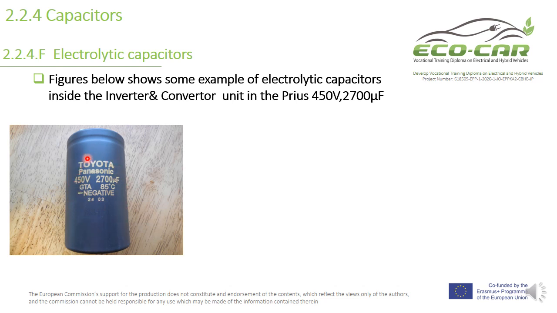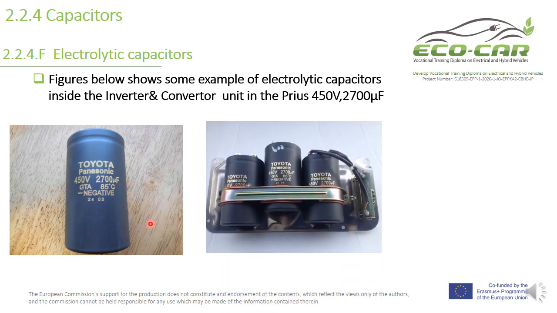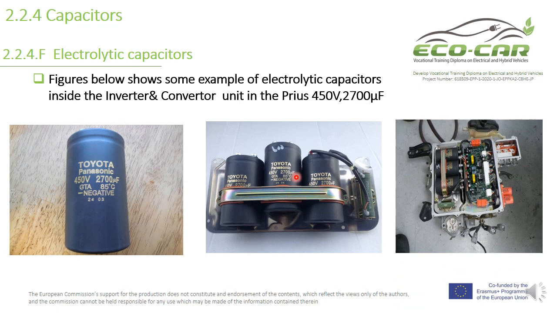These are very dangerous capacitors in the inverter converter unit in a Prius. They are used to store energy. This is one of the units used in the inverter converter unit in the Prius, which is 450 volt, 2,050 microfarad, and this is the inverter converter in the Prius.